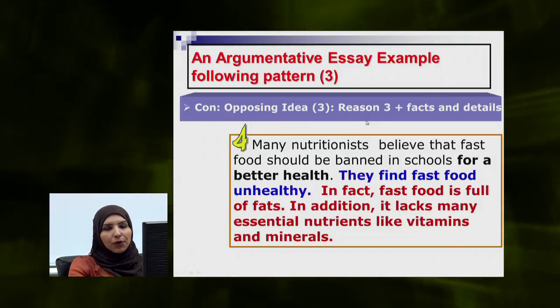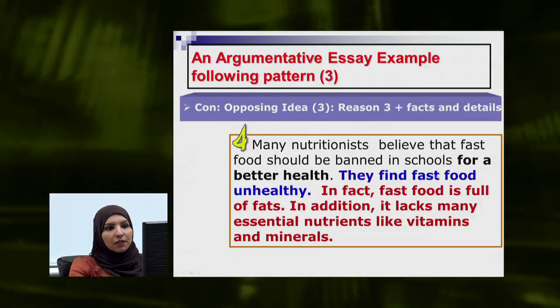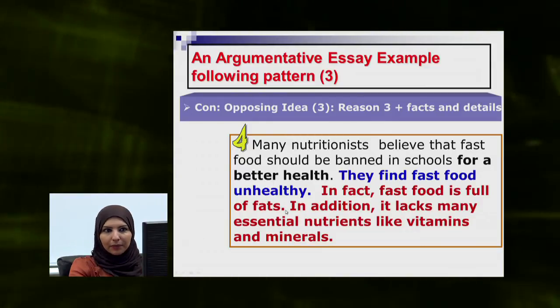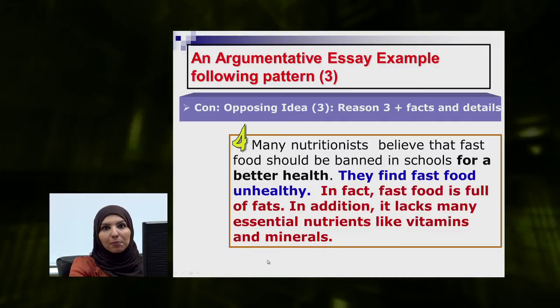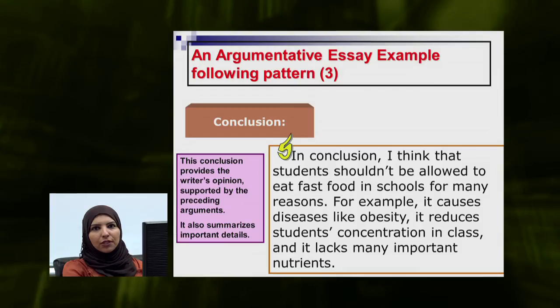The reason that occurs here is that fast food is unhealthy. They provide some facts as the following. It is full of fats and it lacks many essential nutrients like vitamins and minerals. Now let's move to the fifth paragraph, which is about the conclusion.